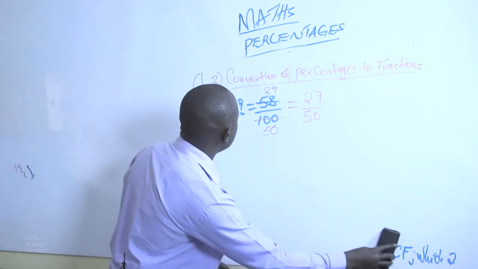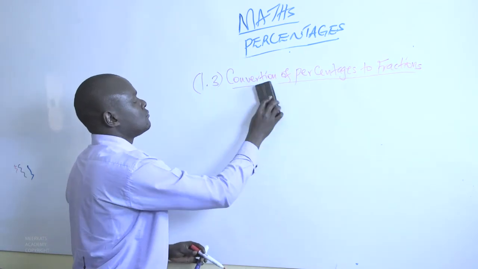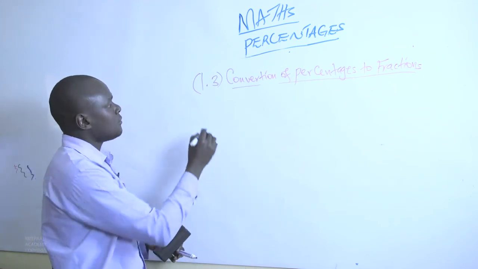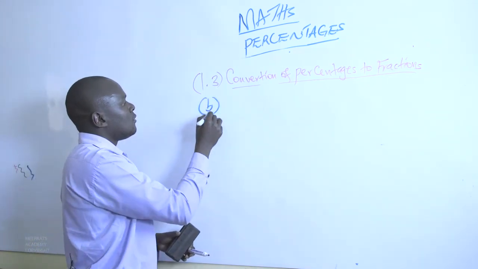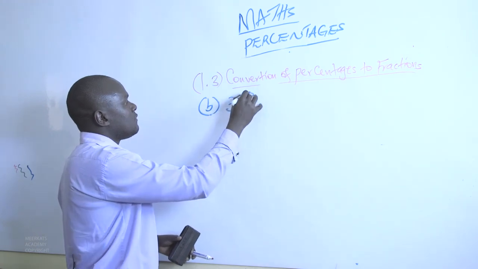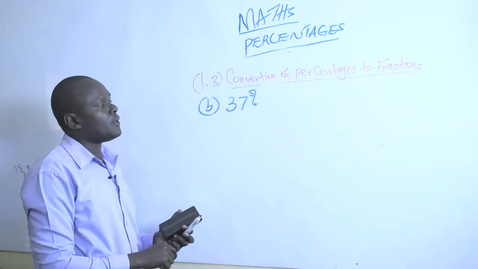Let us look at another example on how to convert percentages to fractions. And that will be 37%. How do we convert 37% to a fraction?